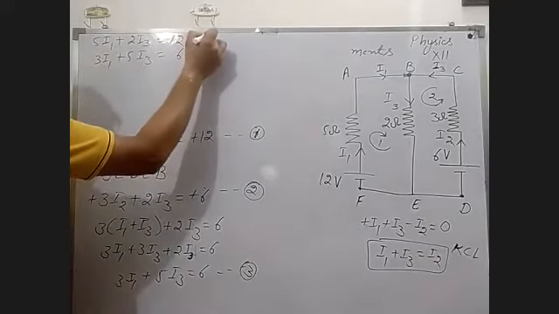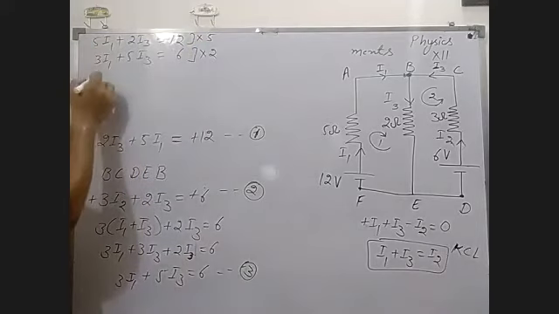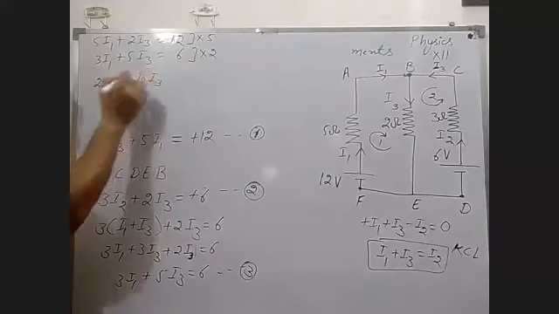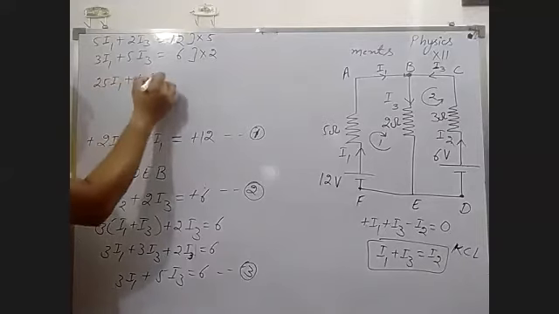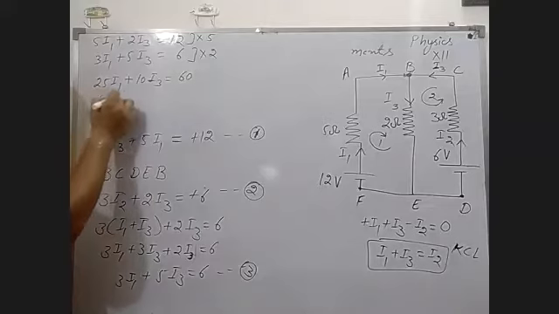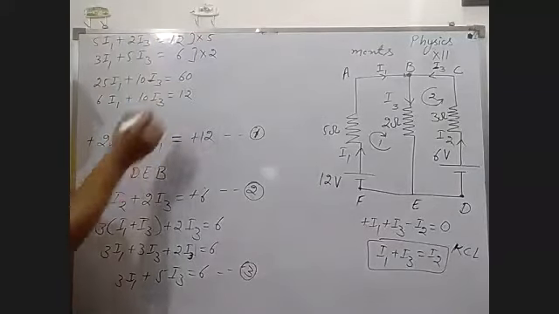Multiply it with 5 and it with 2. Now above equation will become 25 I1 plus 10 I3 is equal to 60. 6 I1 plus 10 I3 is equal to 12.